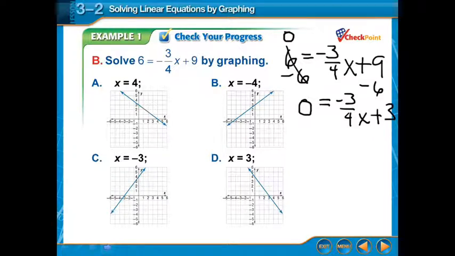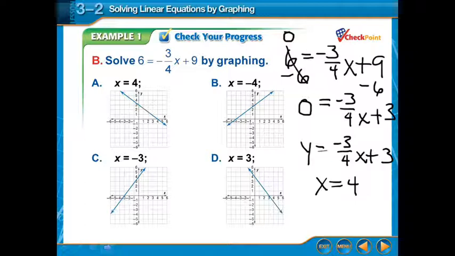And now I have a related function that looks like y equals negative 3/4 x plus 3. So I know that if I put 0 in the place of y and solve for x, then I'll get x equals 4. You just subtract 3 from both sides, then multiply both sides by negative 4/3, and you're going to get x is equal to 4.